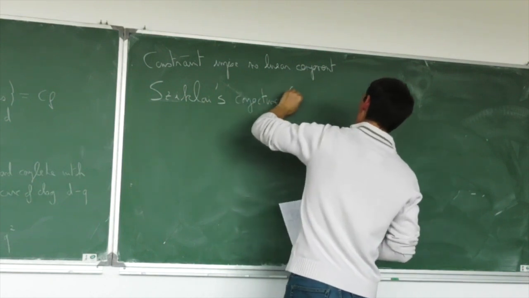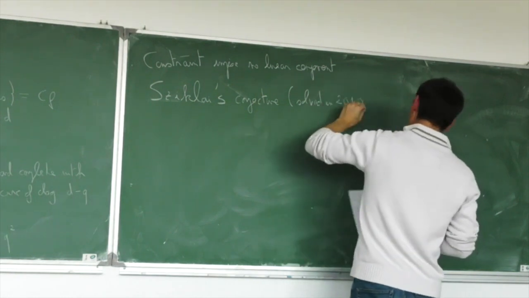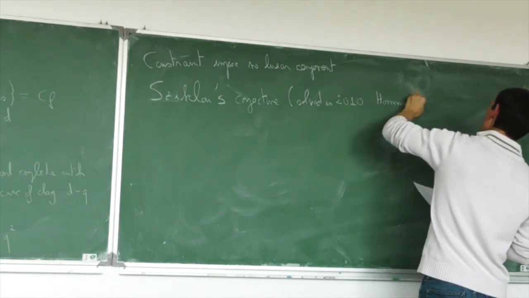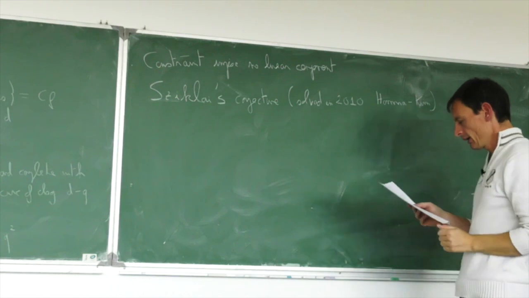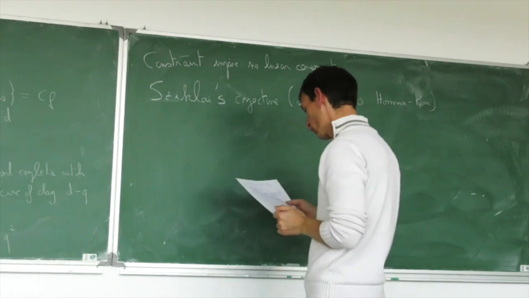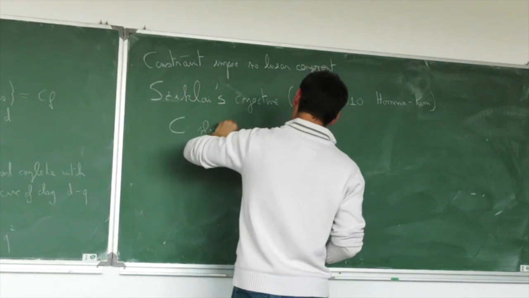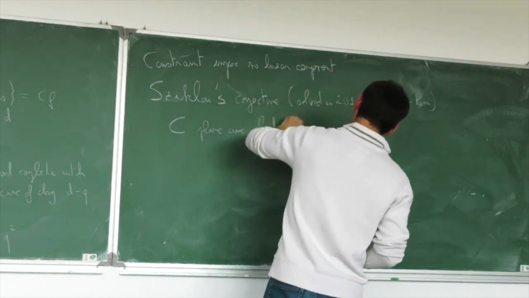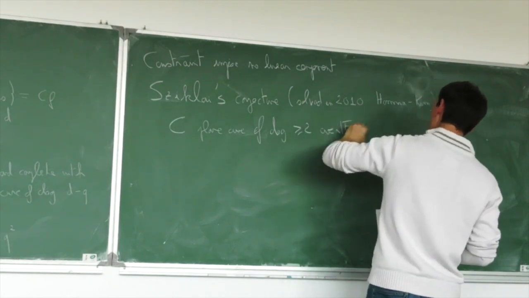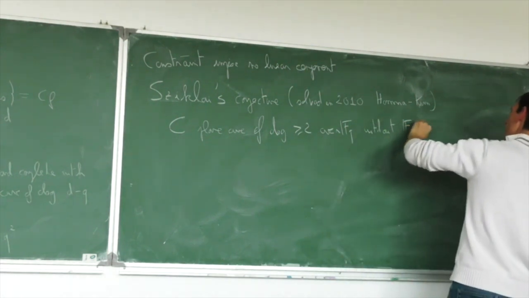And it was solved in 2010 in a paper from Omar and Kim. And I'm going to state this conjecture, which is not a conjecture anymore. So if you take C, a plane curve of degree greater or equal to 2 over FQ without FQ linear component.